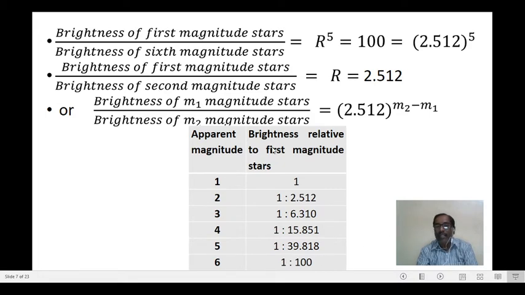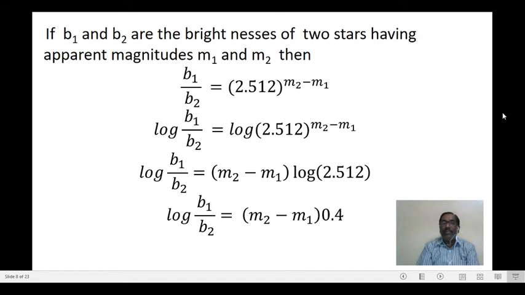So in general, brightness of M1 magnitude stars to brightness of M2 magnitude stars is equal to 2.512 to the power of M2 minus M1. Now if B1 and B2 are the brightnesses of the two stars having apparent magnitudes M1 and M2, then B1 by B2 equals 2.512 to the power of M2 minus M1.